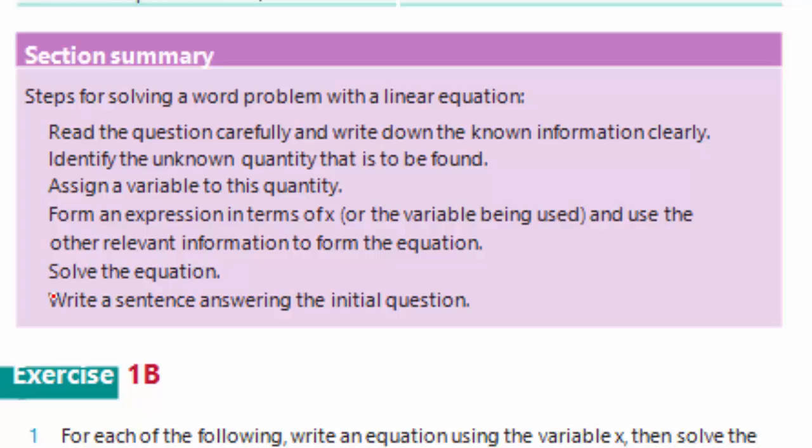Form an expression in terms of x or whatever variable name you have used, and use the other relevant information to form the equation. Once you have that equation, solve it, and the final step is write a sentence answering the initial question. So revise the initial question, make sure that you found everything that's required, and write it as a sentence with the answer.